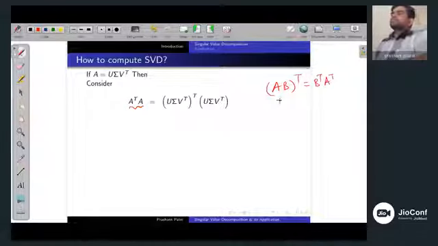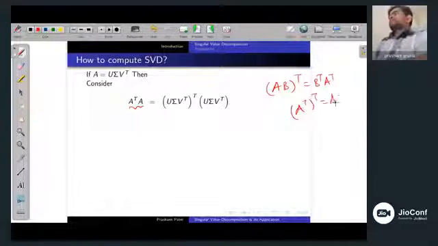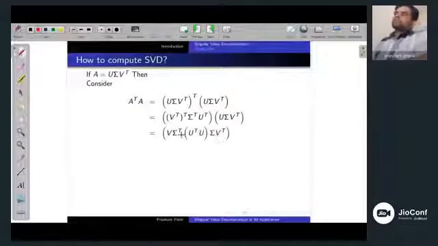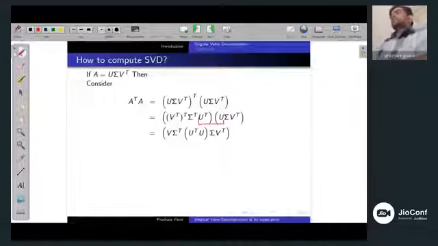So this is V, and the transpose of A transpose is A itself. So this is V sigma transpose U into U transpose, by using the associative property.